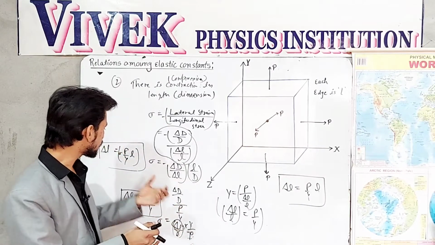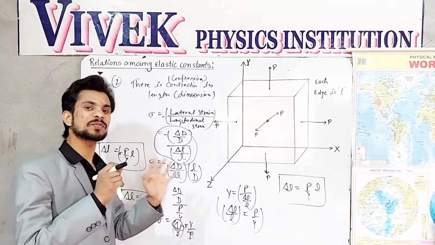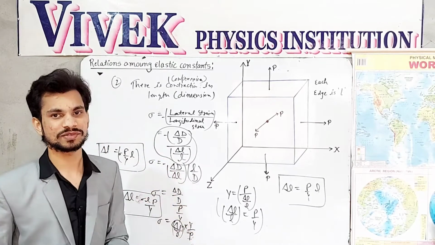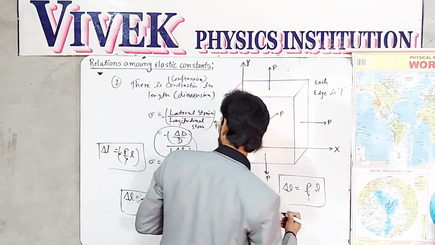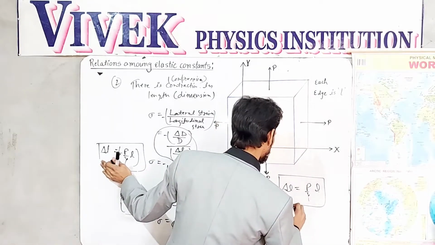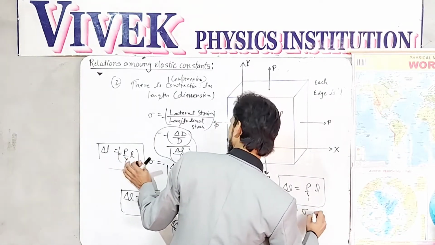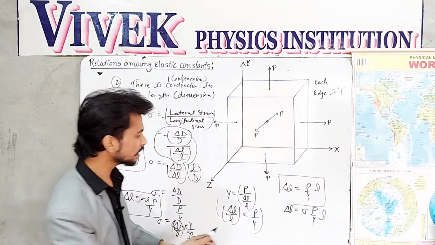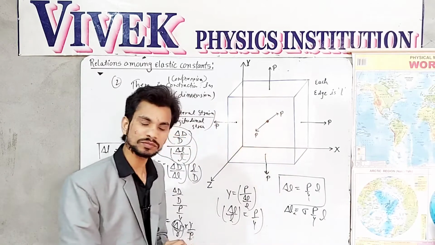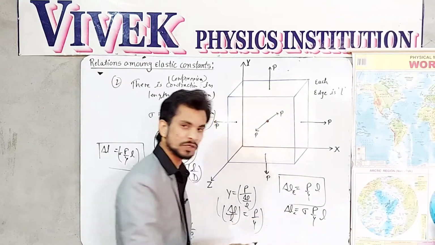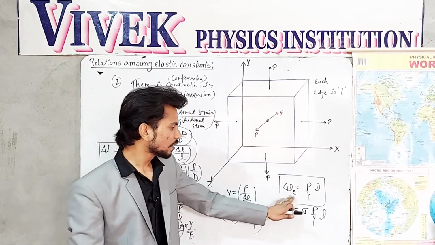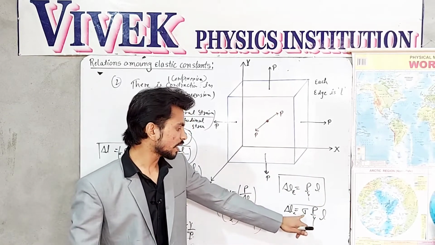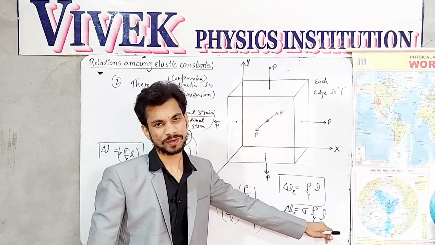So Poisson ratio appears in such places when there is a contraction in any dimension. These are the two formulas I am collecting on this board. You can check the difference here: this is for contraction and this is for extension. For extension, P over Y times L is taken, and for contraction, sigma times P over Y times L is taken.